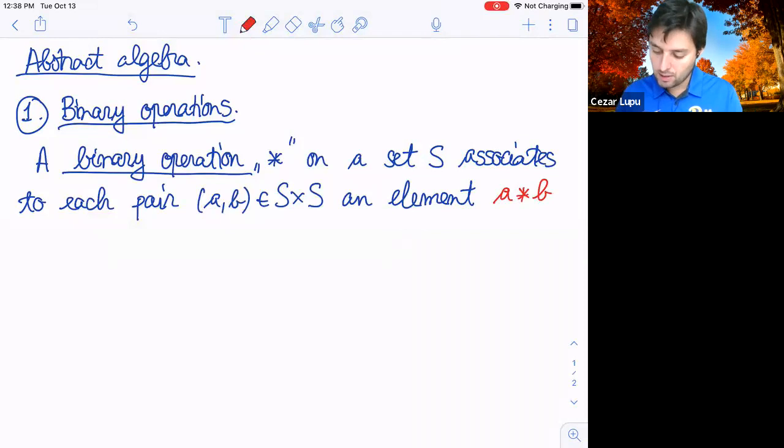And this will be in S. So this is what it does. You have this operation star, it takes a pair and associates A star B, where this star can be anything, any operation you want.